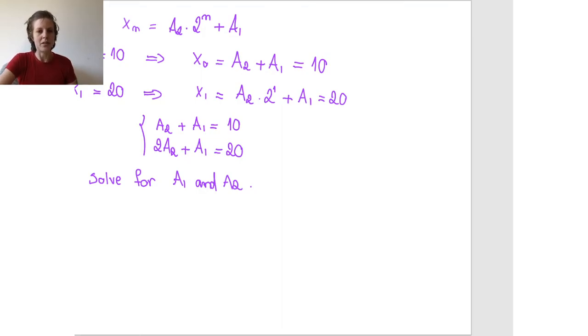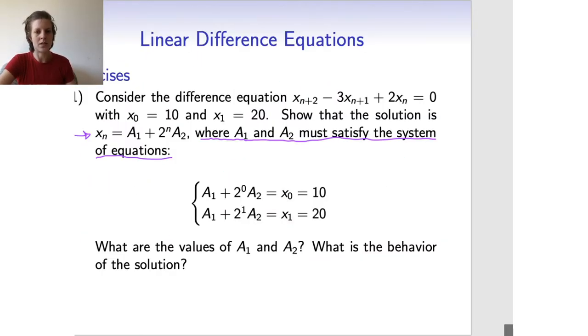I will leave this as an exercise. So there are two questions here. What are the values of a1 and a2? I will let you find that out. And the other question is, what's the behavior of the solution?